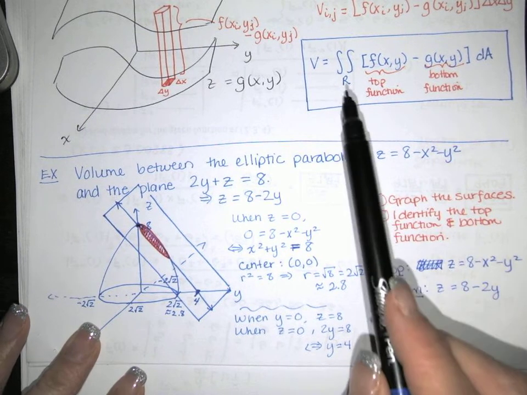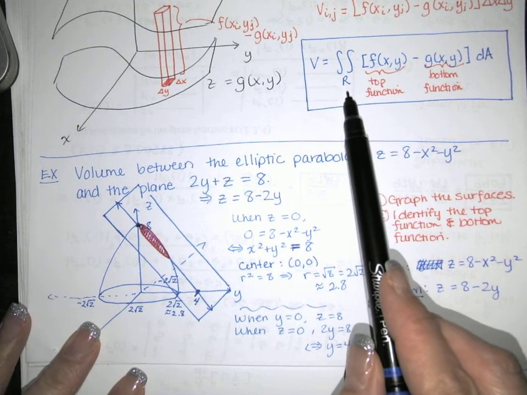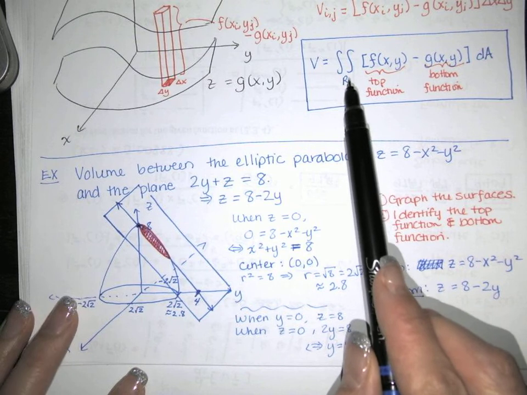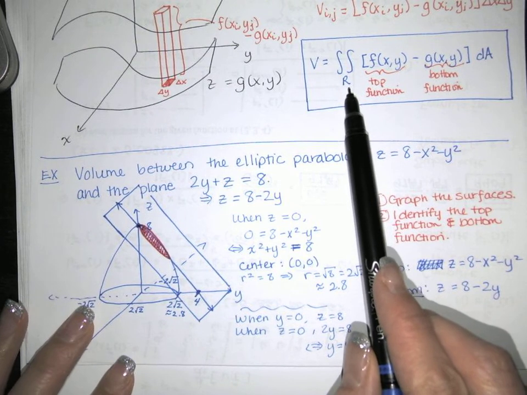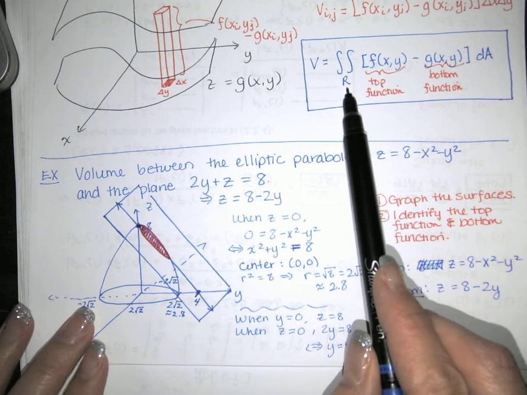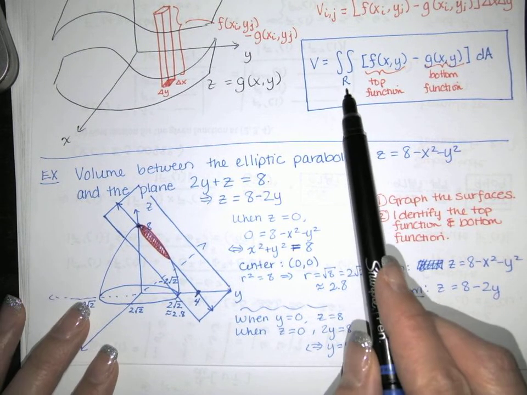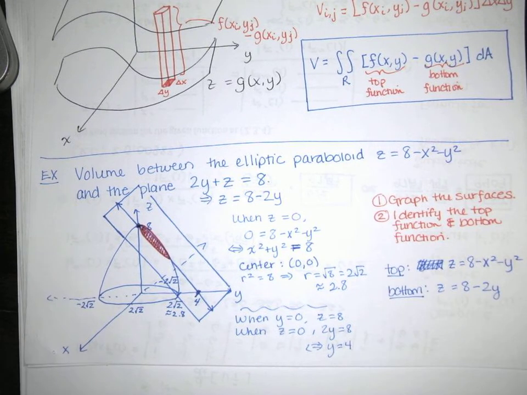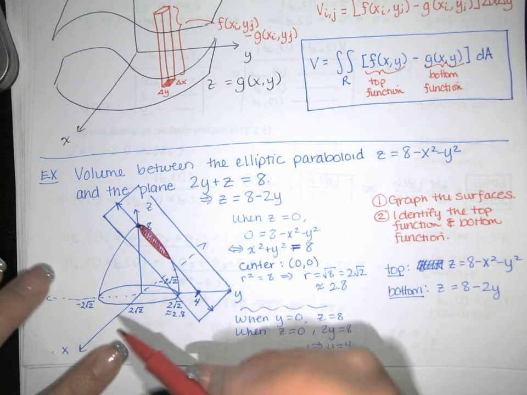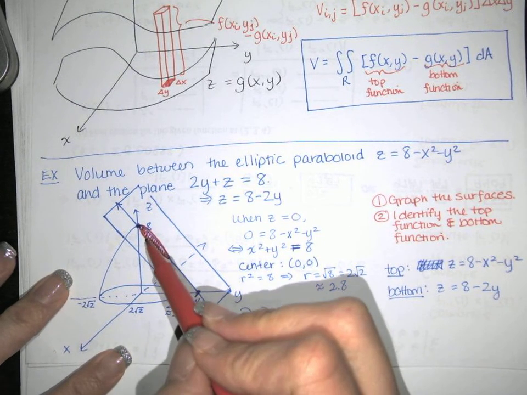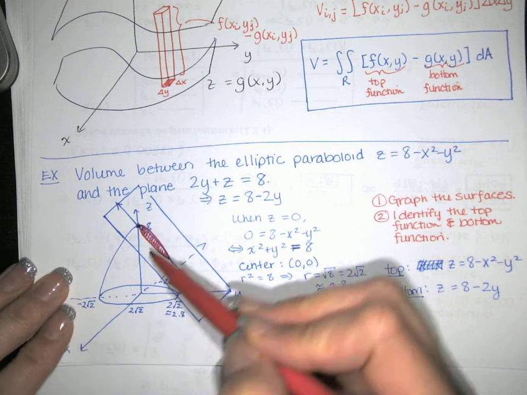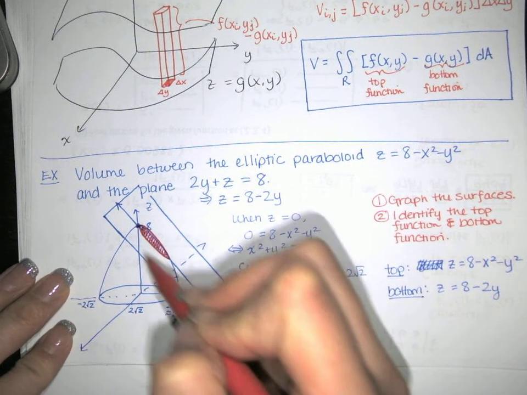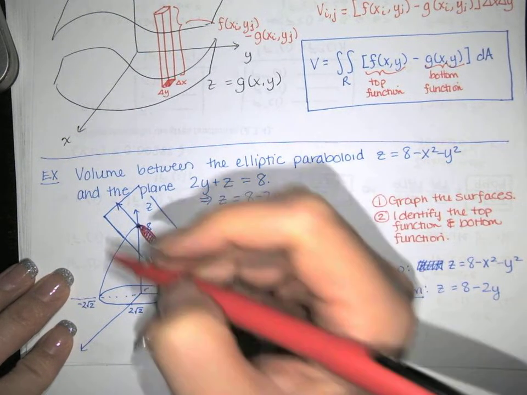So we're there. Now we need to find the region R. The easiest way to find the region R is to sketch it and then use our sketch to find appropriate bounds for x and y. Now let's think about this before we try to find it algebraically. The region R is the projection of this solid region onto the xy plane.